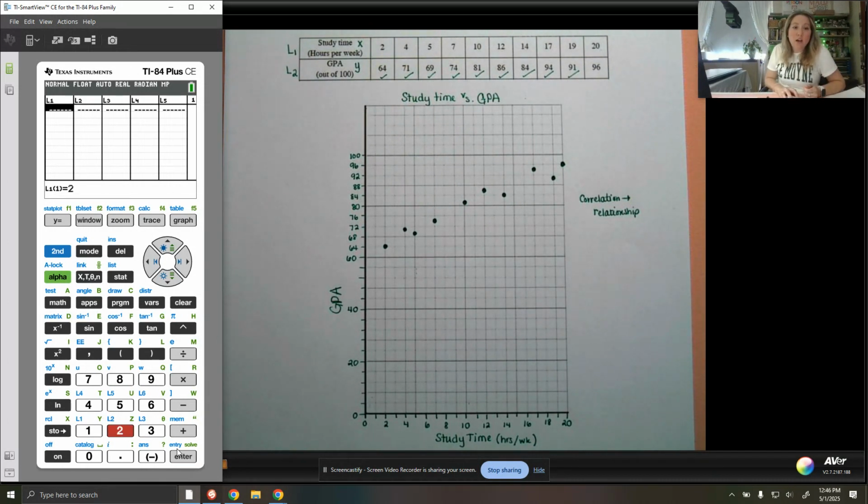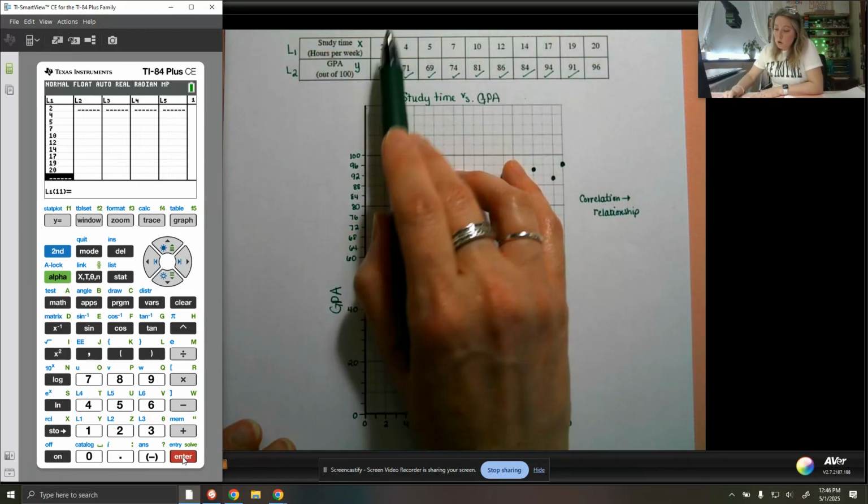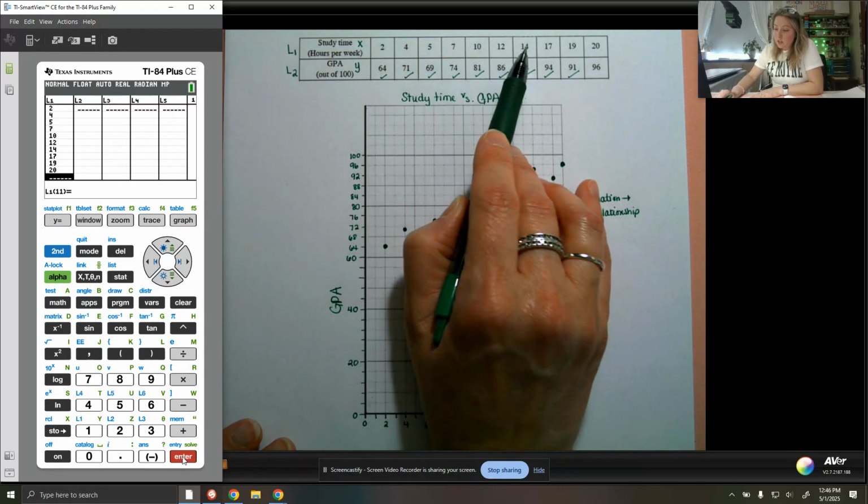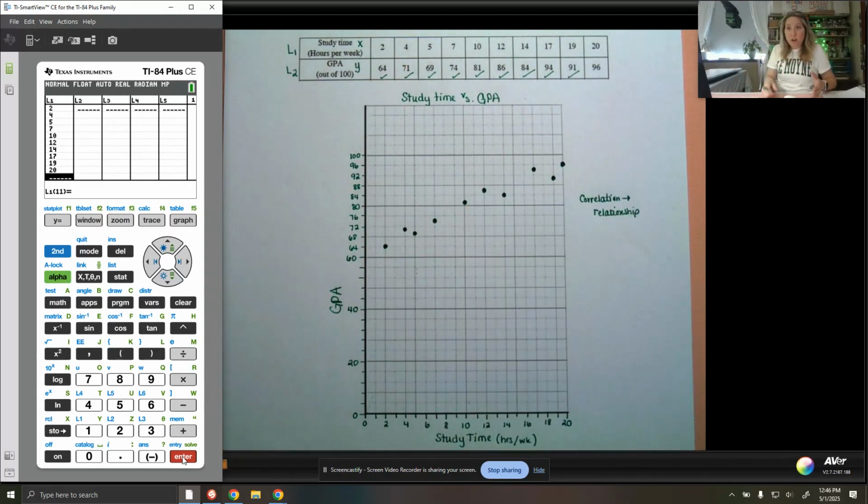Now L1 is where we want to put our study times. So I'll go across that first column and start entering 2, then 4, 5, 7, and we'll continue. We're entering our X values, which is our study time in hours per week, in our L1. So again, there are 10 pieces of data, 1, 2, 3, 4, 5, 6, 7, 8, 9, 10, for each of my two variables.